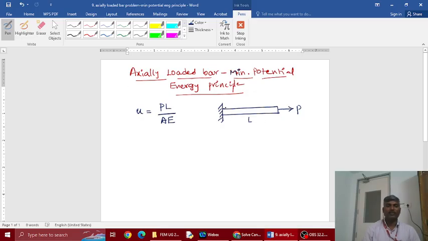Now consider a bar which is axially loaded with a load P. The length of the bar is L. One end is fixed, the other end you are applying the load P. So first let us apply the simple stress strain relation to get this formula.